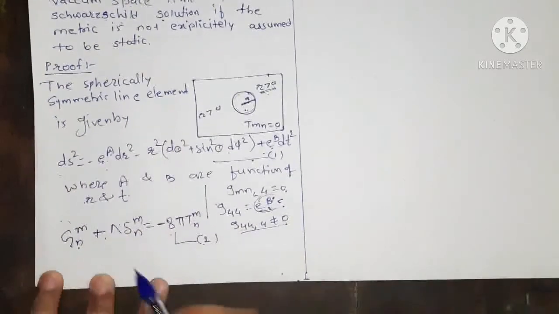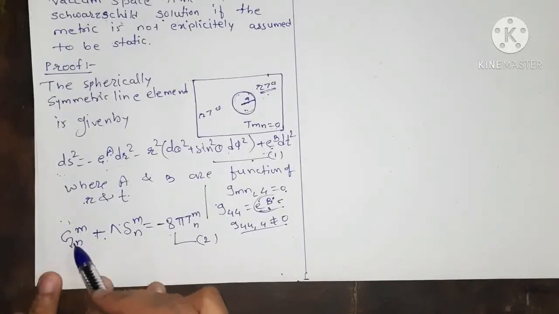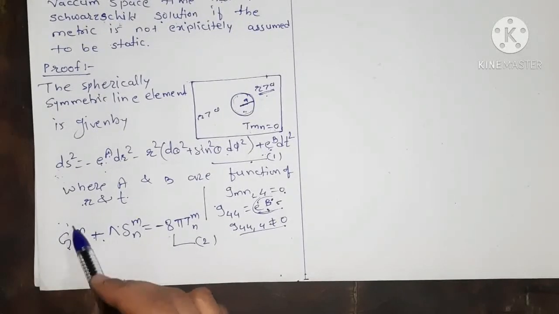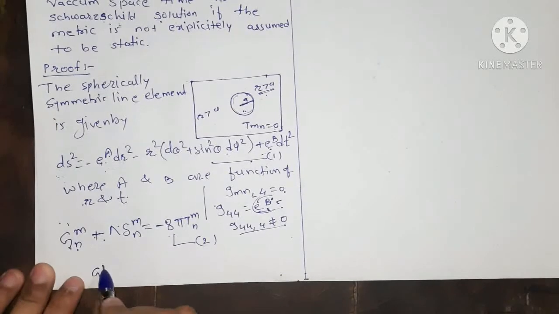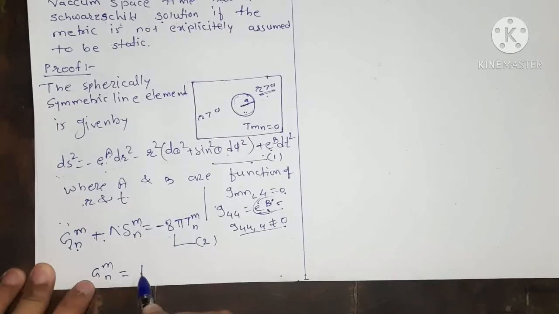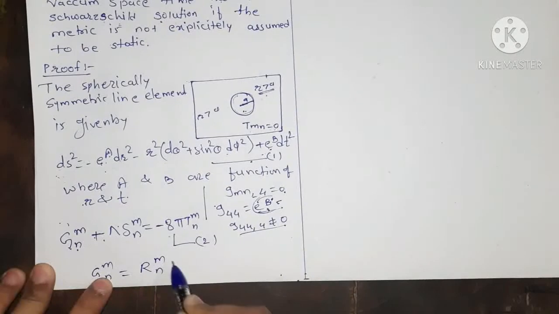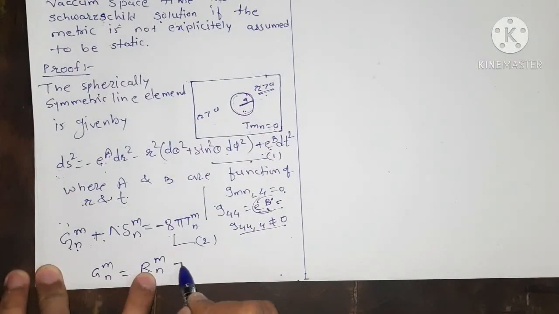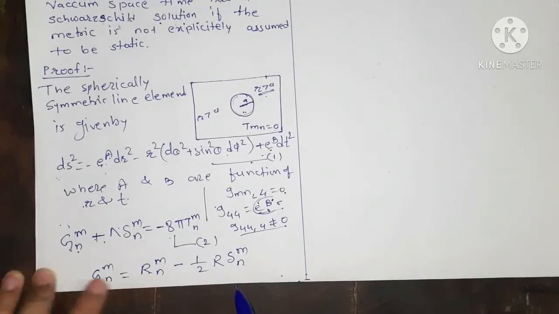Here G^m_n is our Einstein tensor in the mixed tensor form, which is given by G^m_n = R^m_n - (1/2) R δ^m_n, where R^m_n is the Ricci tensor in mixed form.